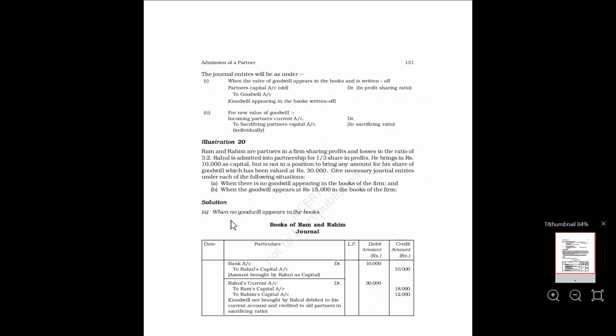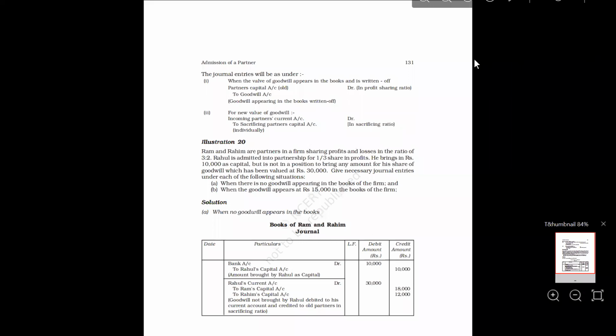First situation, when no goodwill appears in the books. First one, bank account debit to Rahul's capital account, 10,000. Okay. See this next entry.